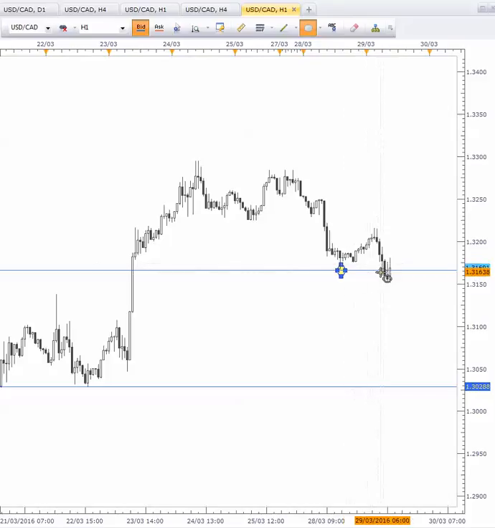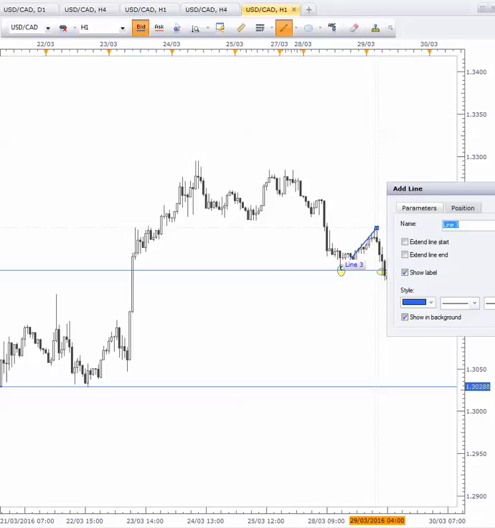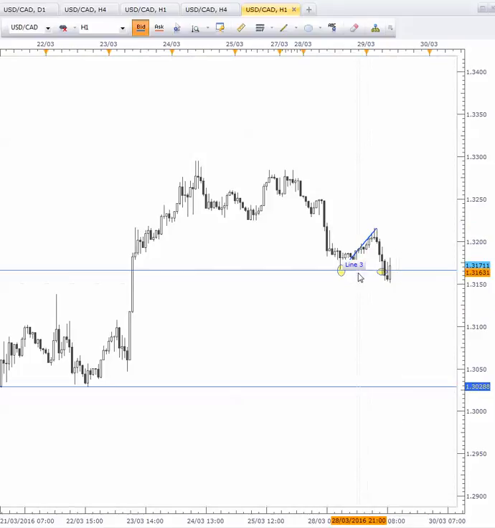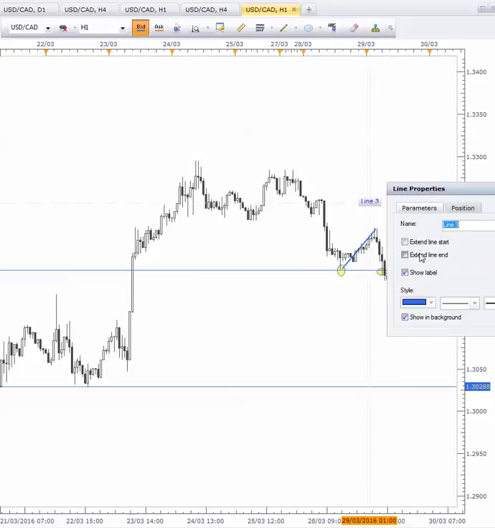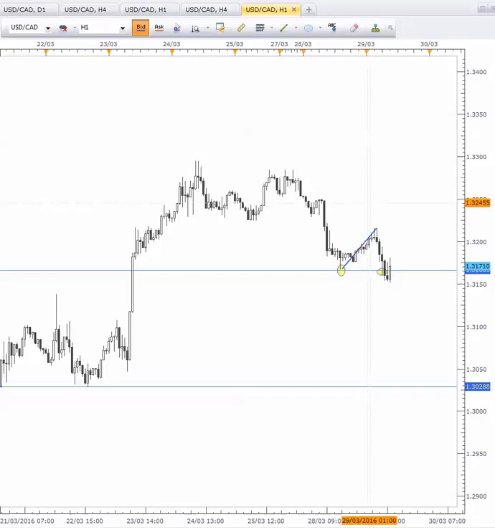This low here did not move price further up. It only moved it up to that level. It only moved it up that way, and it was slow, gradual.